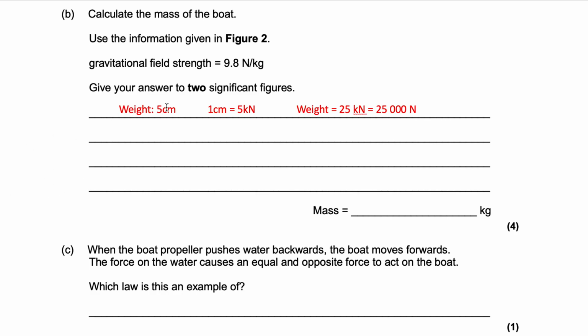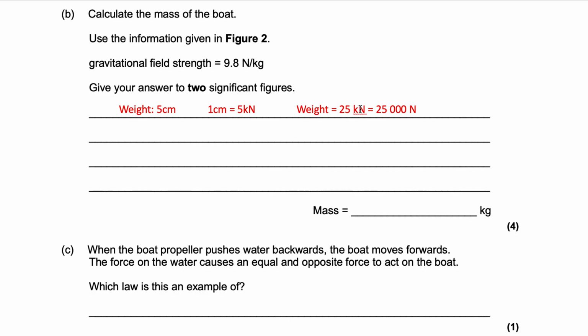So the weight arrow is 5 centimetres long. 1 centimetre is 5 kilonewtons. So 1 centimetre is 5 kilonewtons, 2 centimetres is 10 kilonewtons, then 15, 20, and finally 5 centimetres is 25 kilonewtons. Kilo means times by 1,000.